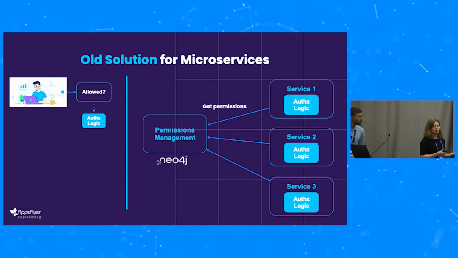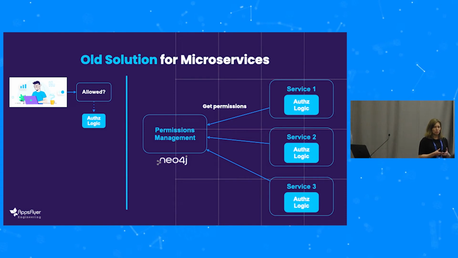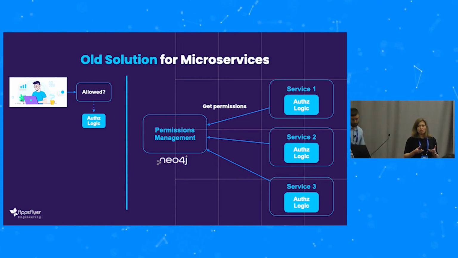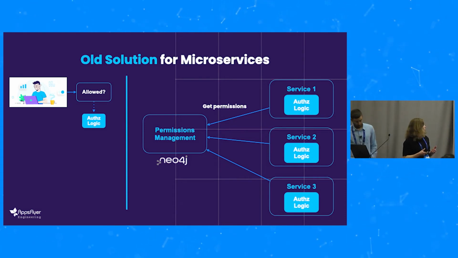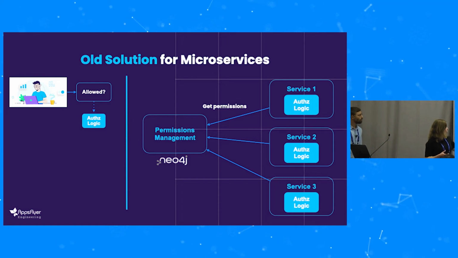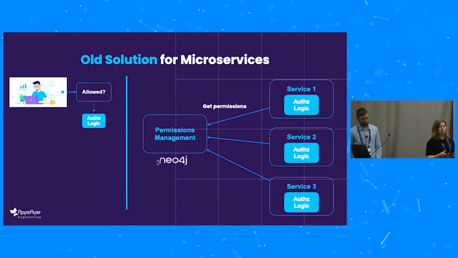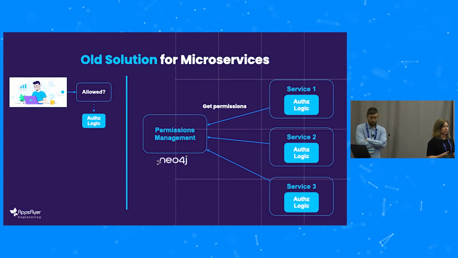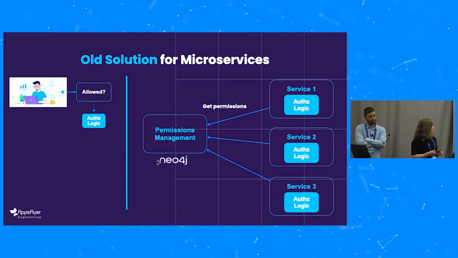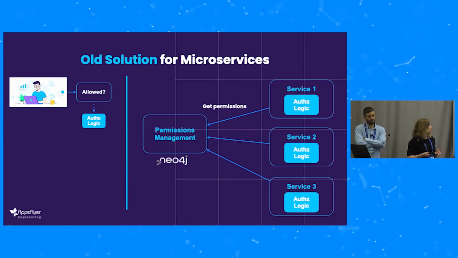And the service will get the permission definition, and then run very simple authorization logic. Now, if you look at this diagram, you can notice that in each service, there's a box of authorization logic. This works when you have a small number of services.